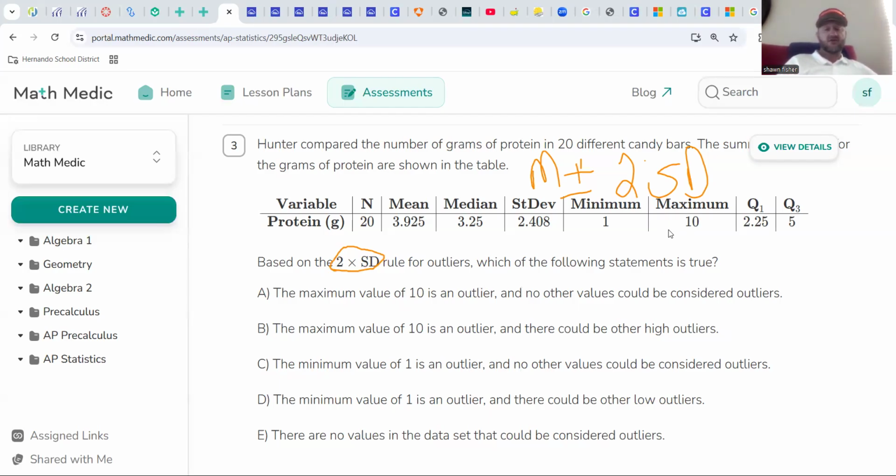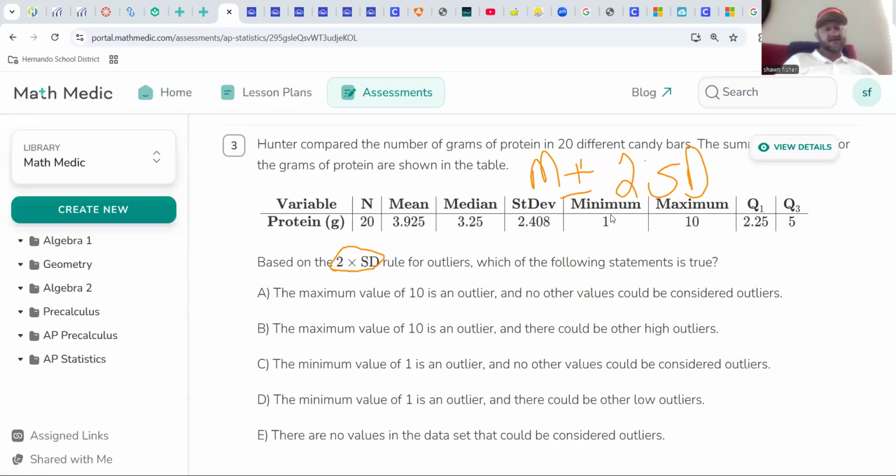All right, so let's do minus now. Here's the mean, 3.925 minus 2 times the standard deviation, 2.408. Okay, and let's see. All right, I'm given a negative number. Do we know, based on what they've given us, is there a number below negative 0.8?